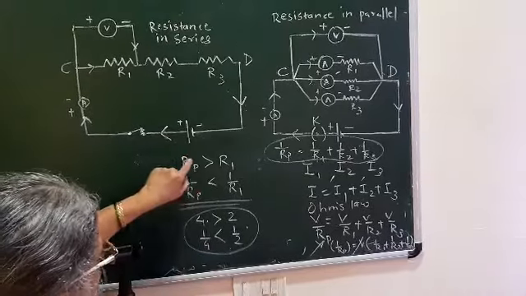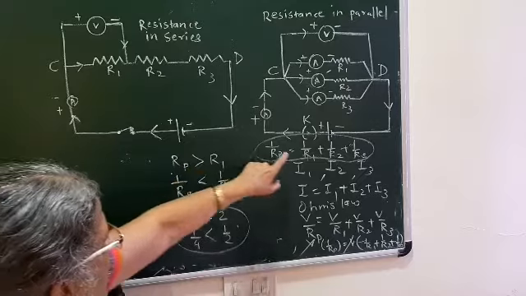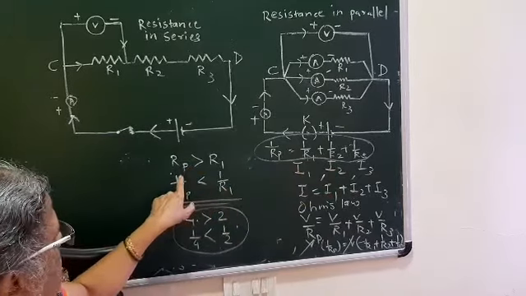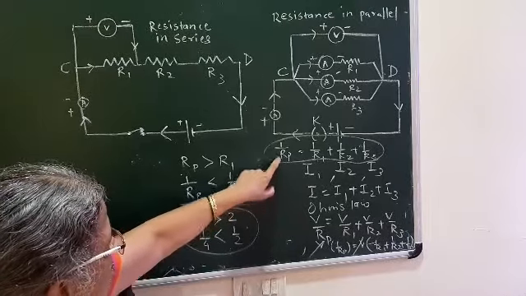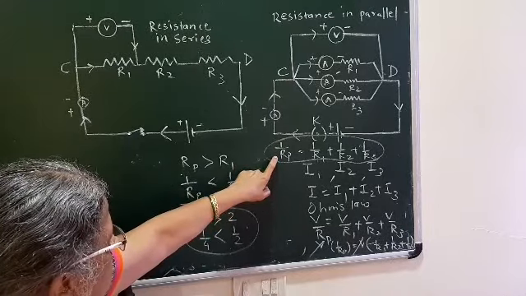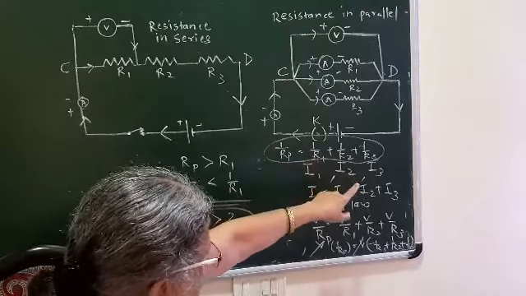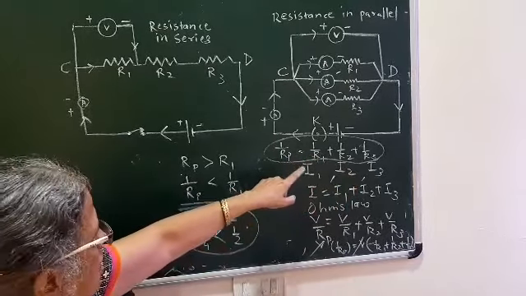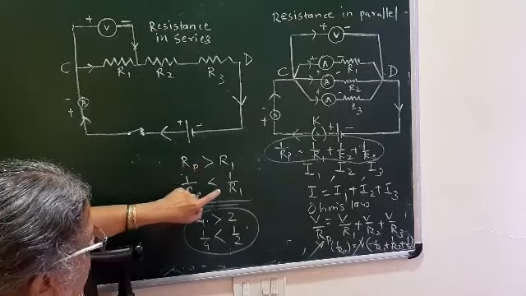So suppose here in this Rp, that is resultant resistance in parallel, is greater than the individual resistances. Rp is greater than R1, but as in the formula we are having the reciprocal of the total resistance equal to the sum of the reciprocals of the individual resistances. Here we are going to take the reciprocal, that means 1 upon Rp will become less than 1 upon R1.